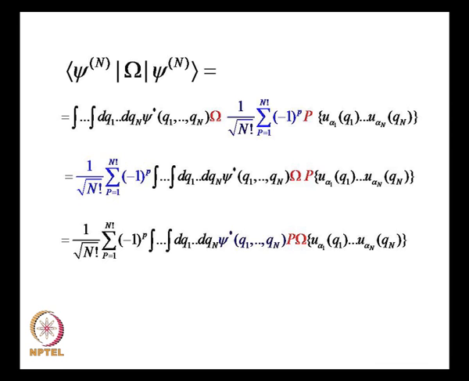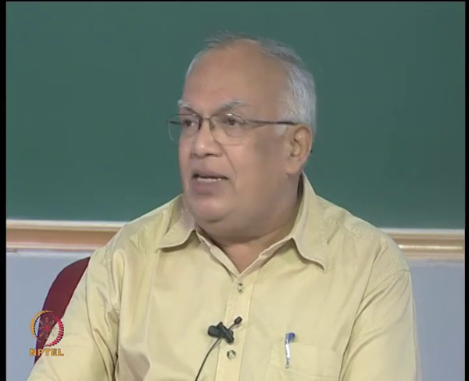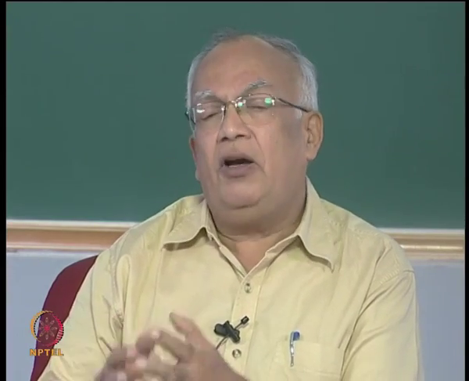But then I must worry about what it would do to psi star, because if I am to put the permutation operator behind psi star, I must compensate for it, because the permutation operator, when it operates on the wave function or even the complex conjugate of the wave function, will give you -1 to the power p times that wave function, which could be either +1 or -1 depending on the number of interchanges involved in that permutation, right.